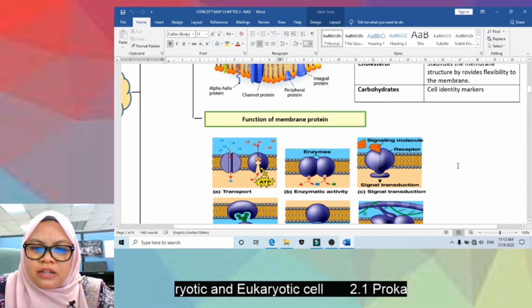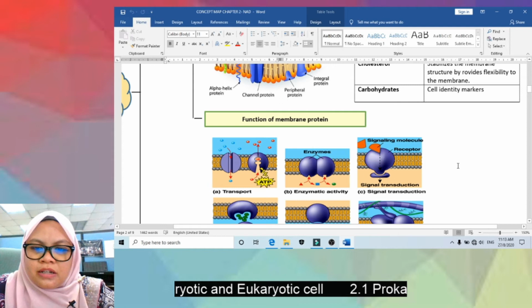It becomes a tag for the cell. For example, every cell of ours has its own identification marker. So if a foreign cell enters, for example a bacterial cell, our body will recognize that it is a foreign cell. Why? Because it presents a different marker from our cells.